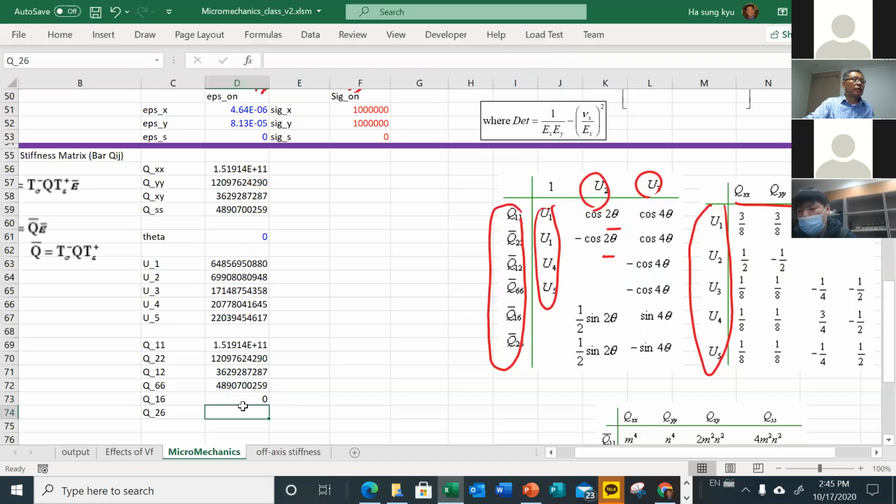Okay. Now this just copy, and instead of a plus, we just change to a minus.